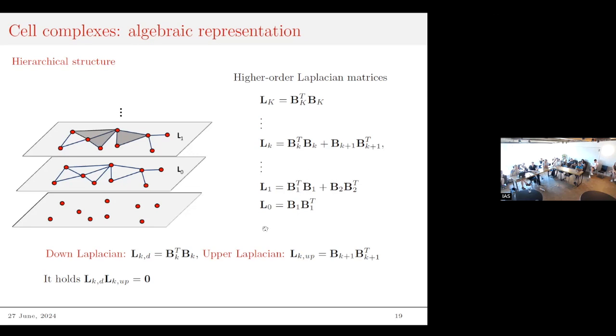The first part is called the down Laplacian, because it is able to capture the incidence between the edge and the lower cell, the nodes. And the other part instead is the upper Laplacian, that is able to capture the incidence between edge and the upper cell, the triangles, square, and so on.